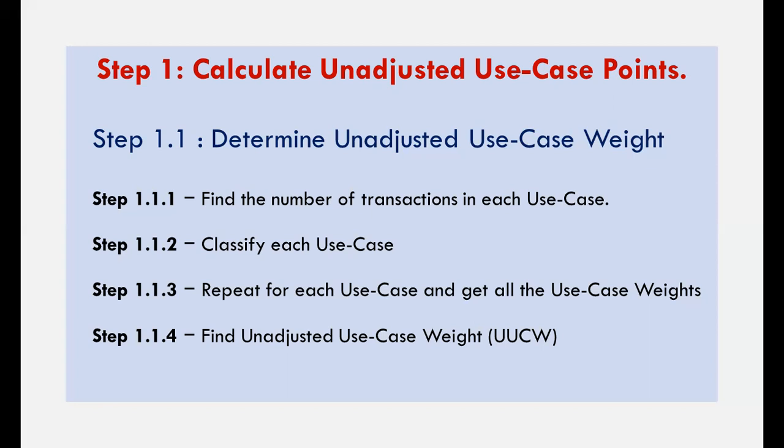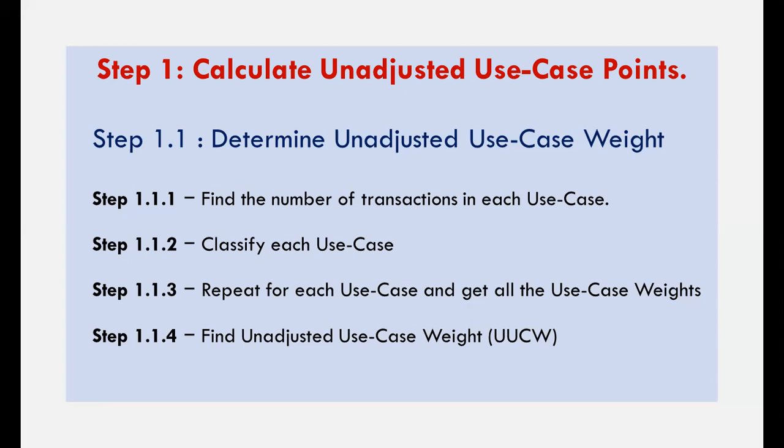Now coming to step 1.1.3, we repeat for each use case and get all the use case weights. So the unadjusted use case weight, UUCW, is the sum of all the use case weights. Now in step 1.1.4, we need to find the unadjusted use case weight UUCW using a table.